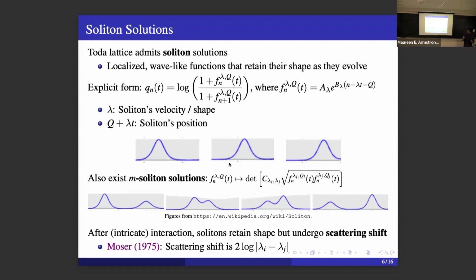So if I want just 2 solitons, this would be a 2 by 2 determinant. You swap out this guy with the 2 by 2 determinant, and you swap out this guy with the same 2 by 2 determinant where you just increment n. This will give you a new solution to the Toda lattice, where now you have to rig A, B, and C properly. And for any m, you can do this.